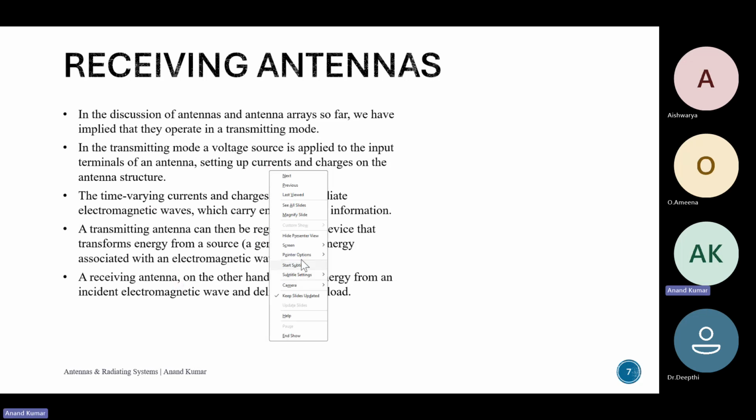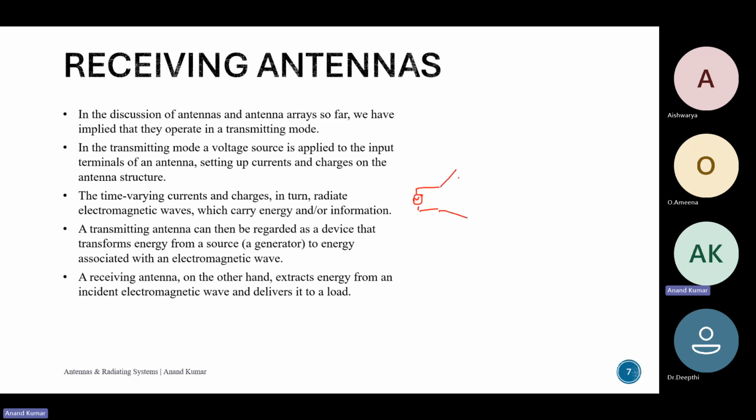Let me just draw an illustration. We have some source over here, and this source is connected to an antenna, and it puts up currents and voltages on this antenna, and then it forms currents, electric fields and magnetic fields, and then this radiates. So this is the transmitter.